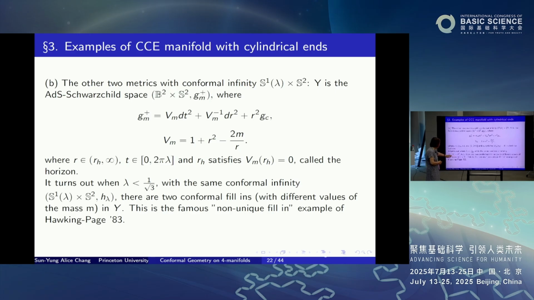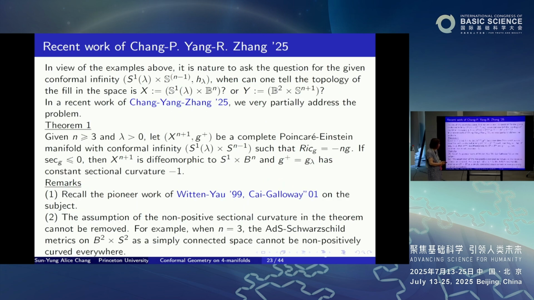So there's a non-unique filling in problem even with the same space S1 lambda plus S2, and then we develop S1 to become B2, and S2 stays the same. So the space Y is B2 cross S2. So there are 2 different fill-ins. So the interesting thing now is we look at the boundary S1 lambda cross S1 minus 1.